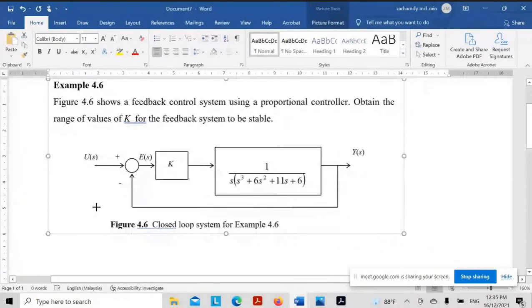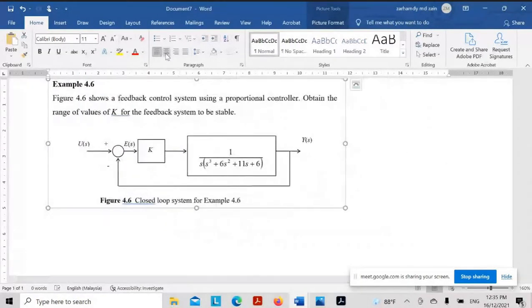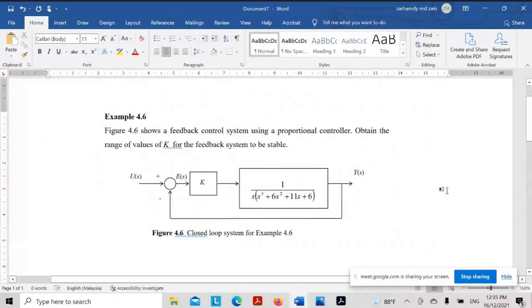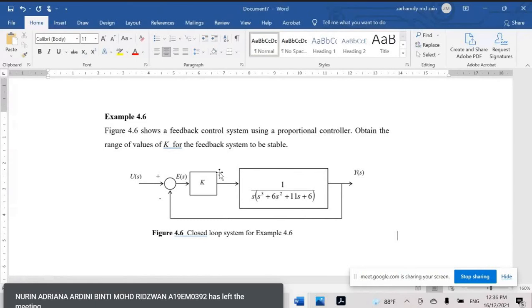So what is the purpose of this example? Just now we estimated the value of our controller. This example is because we try to prove the concept by using RH to get the condition of our system.